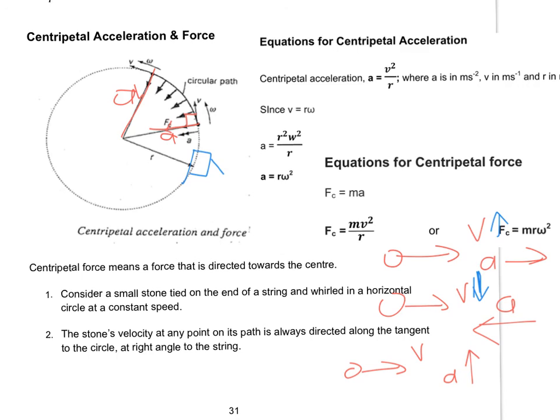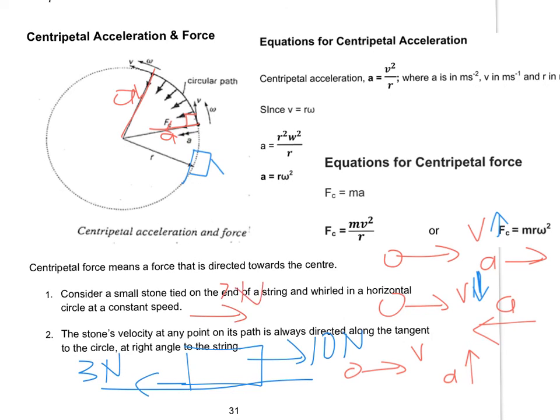Now also remember that centripetal force is a net force, which means to say it cannot exist on its own. What I mean is, for example, if you had a block resting on the floor and you apply a force of, let's say, 10 newtons, and there's a frictional force of 3 newtons, then that would give you a net force of 7 newtons. However, if this exerted force of 10 newtons and this frictional force of 3 newtons do not exist, then this net force will also cease to exist.